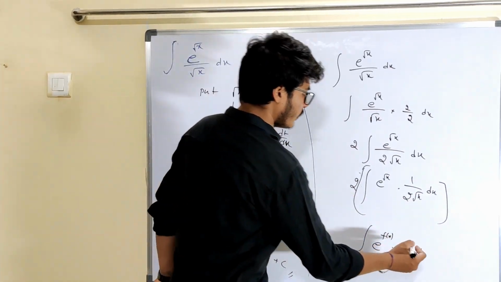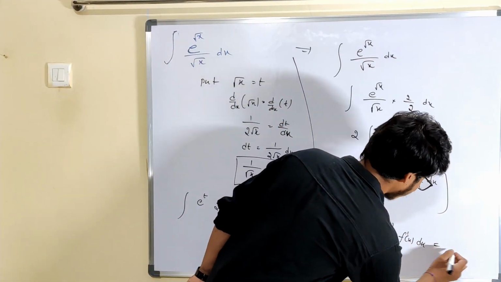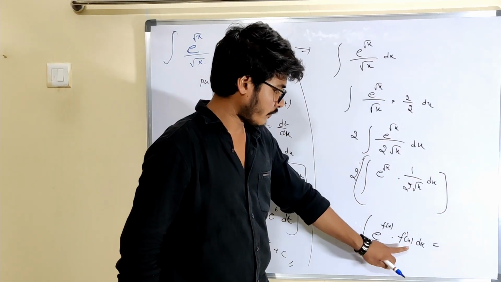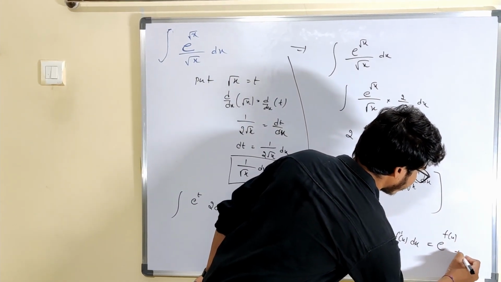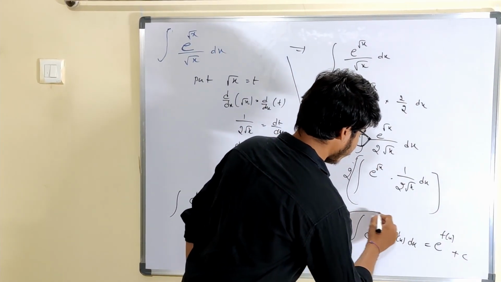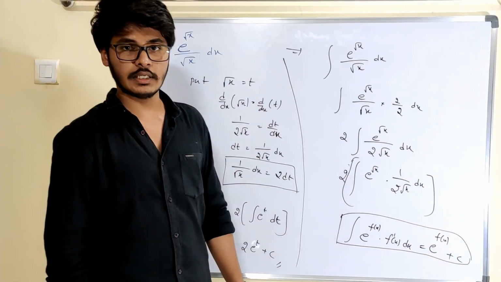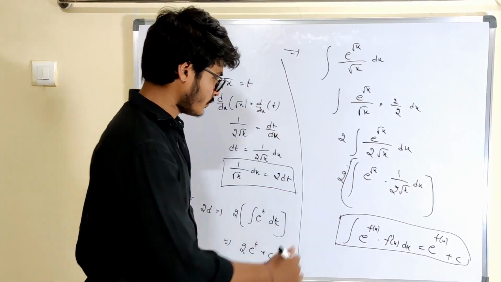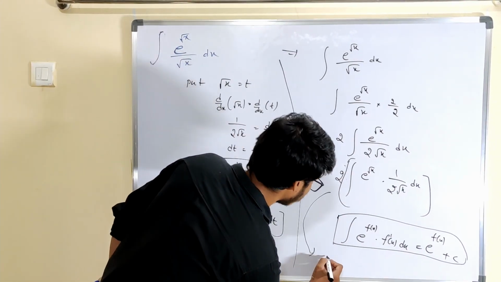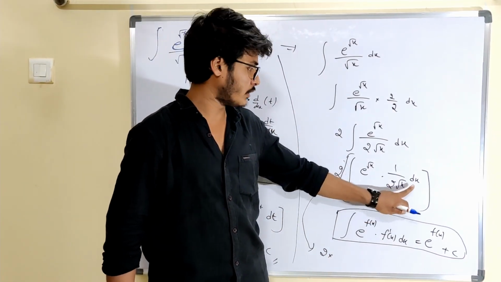So we can directly write integral e power f of x into f dash of x dx is e power f of x plus c. This is the generalized solution. So now we write for this. The solution for the question is 2 into integral e power f of x into f dash of x dx.